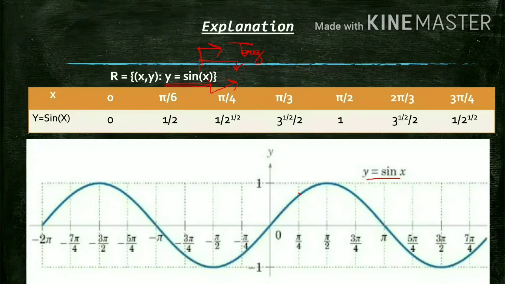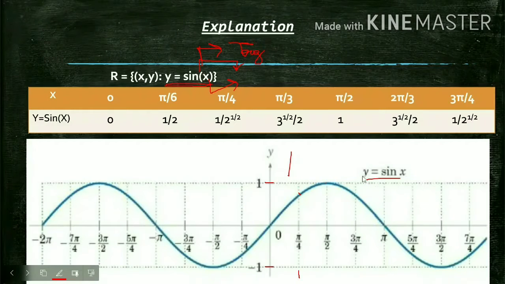First thing you need to believe, this graph is bounded. That means the maximum value of y is 1 and the minimum value is minus 1. The graph does not go above that and not below minus 1. First important point you must remember.